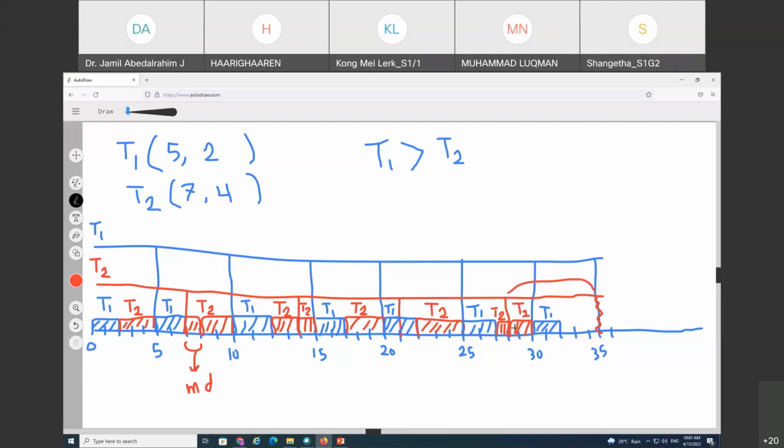In this period we execute only 2 units, so the left will be 2 units. Then at 50, this will be idle. Yes, sir.